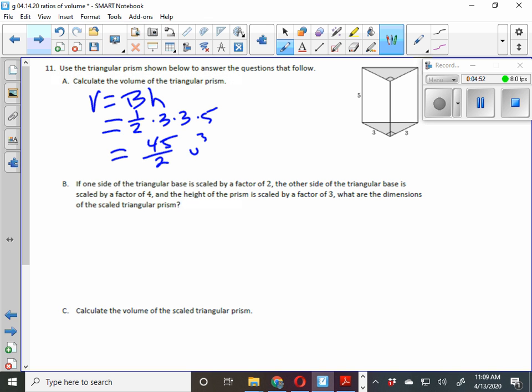Okay. If one of the sides of the triangle base is scaled by a factor of 2, the others by 4 and the height is 3, you now have a triangular prism.